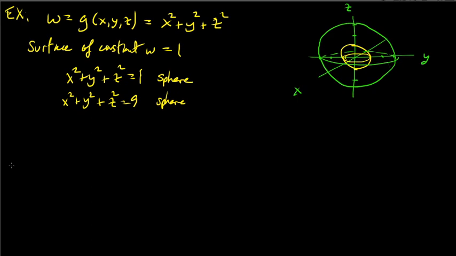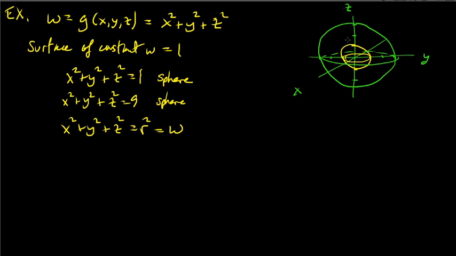So the bigger the w, the bigger the radius of the sphere. Of course, you can just think of w as being the square of the radius. So when you go out 3 times as far, w is 3 squared, or 9.